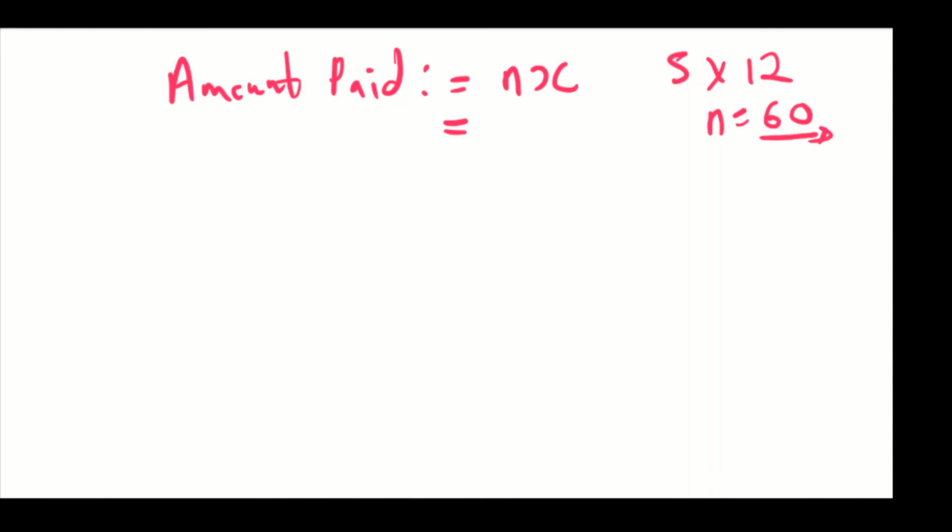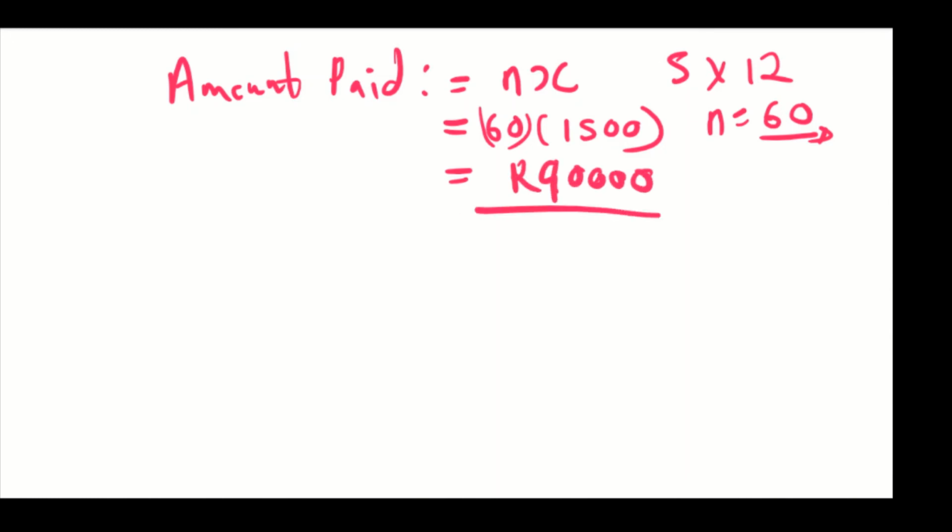Number of payments are 60, so it's going to write 60, and we know that we are paying 1.5, right? So the amount paid would be 90,000 rand. So this is just a general sense. If we don't consider any interest rates, this is a general amount that would be paid if you just paid that 1.5 for a period of 5 years, right?